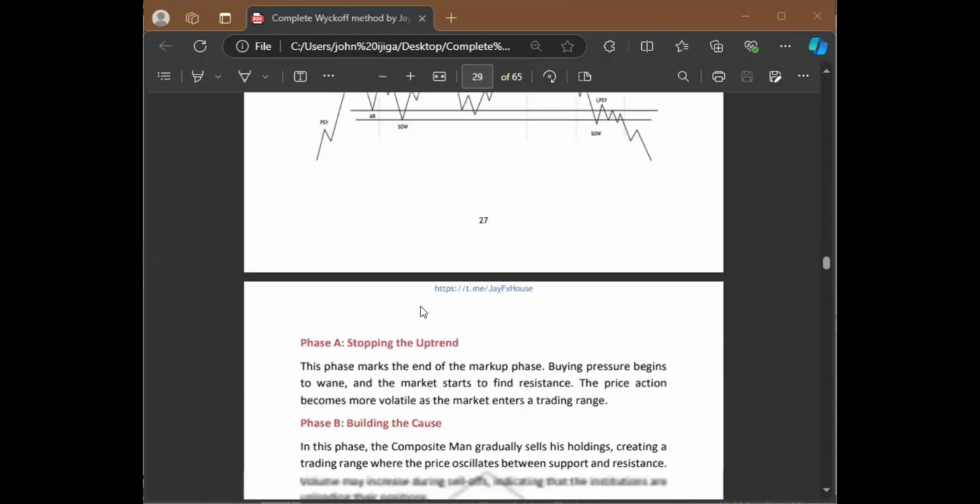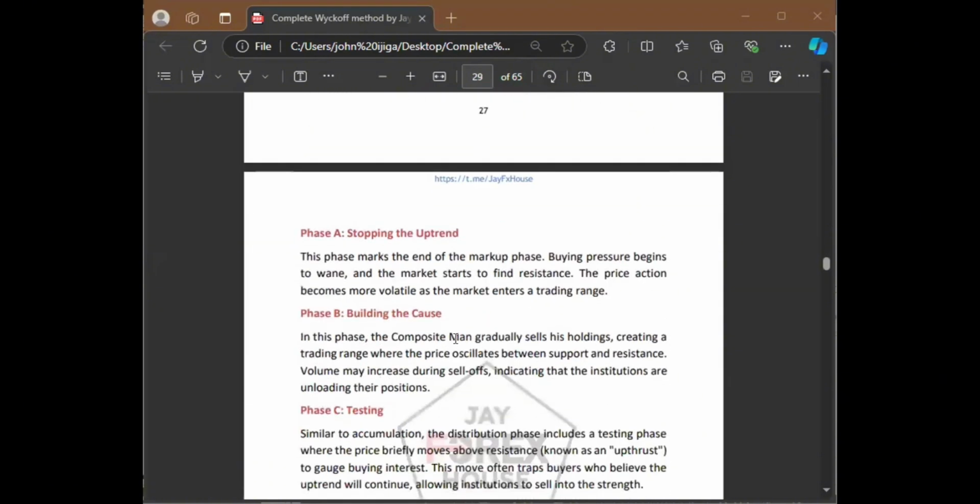So, and the phase B, this phase is where we have the accumulation, which I was trying to explain earlier, which is the manipulative period of the market, where you don't basically find a particular point. Instead, you have price creating these highs and lows to form support and resistance to give you that insight on what the institutions are doing at the moment.